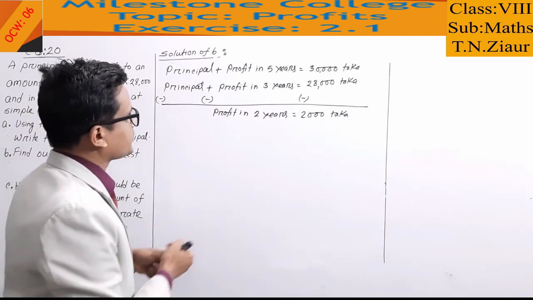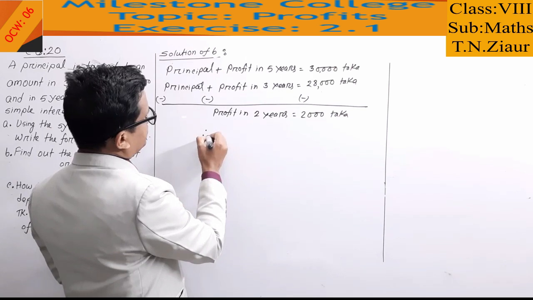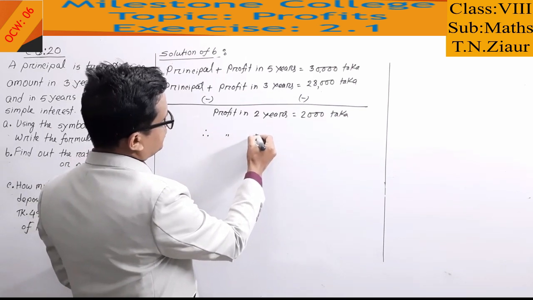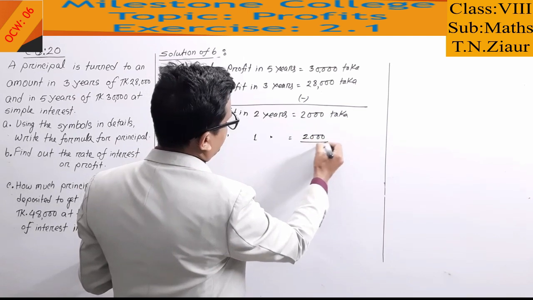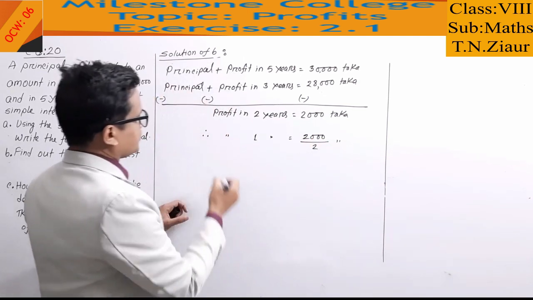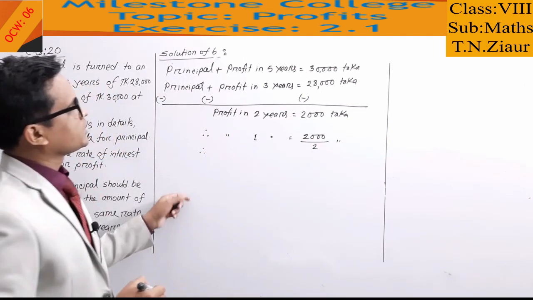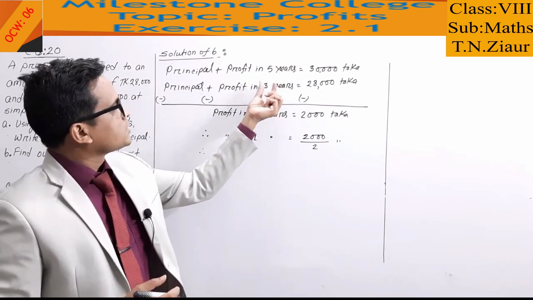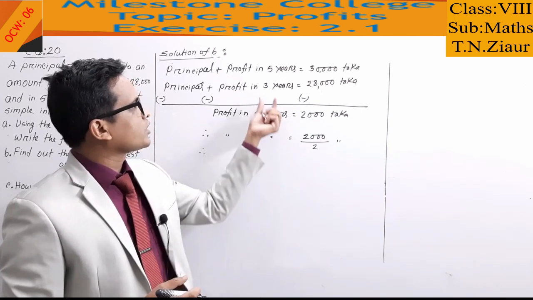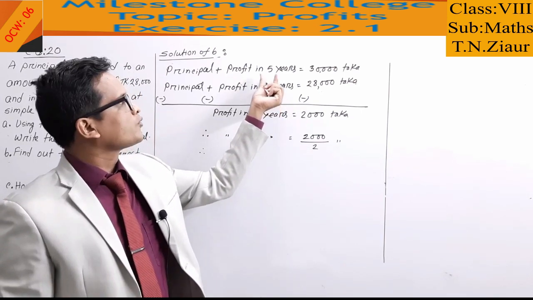So what will be the profit in 1 year? Profit in 1 year is equal to 2,000 divided by 2, which is 1,000. You can find it for 3 years or 5 years.